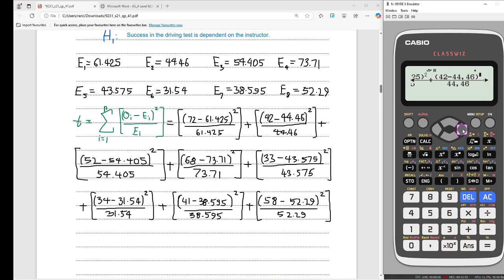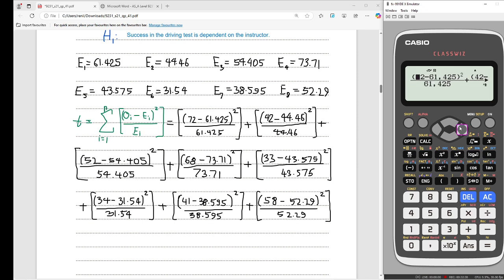When i equals 2, 3, 4, 5, 6, and 7, fine.